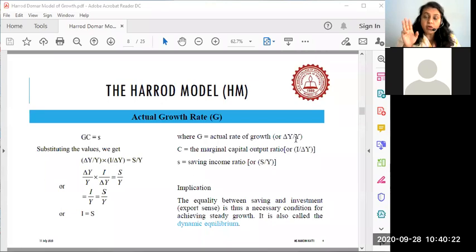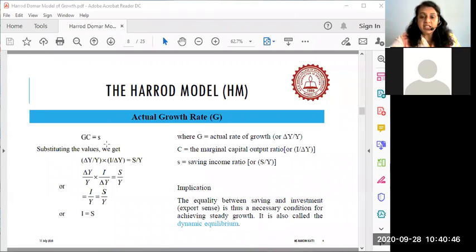So out of that delta Y, the new delta Y from 6.8 to 7.2, there will be savings and from that same savings there will be investment. That is why you have written there I upon delta Y. A change in income brings about a change in investment also via the savings.